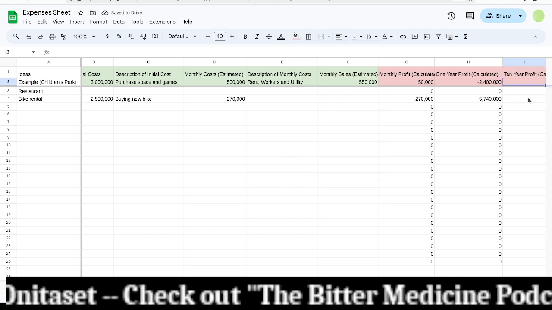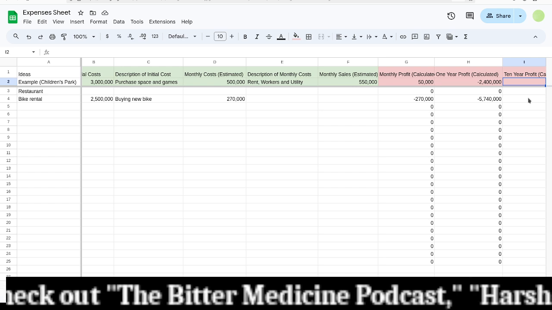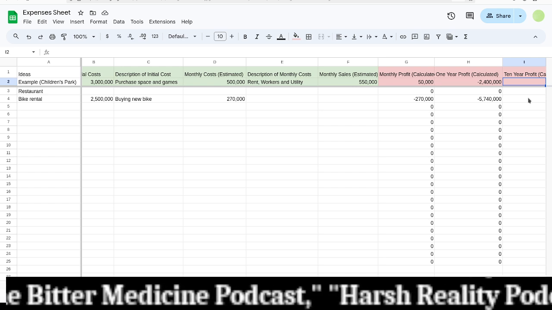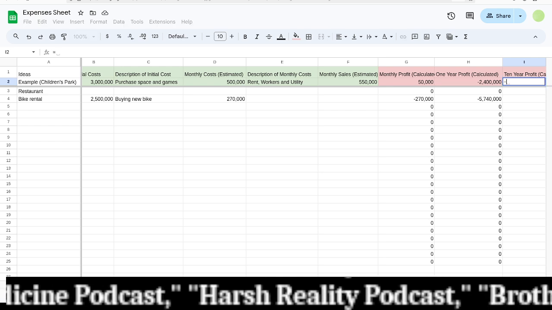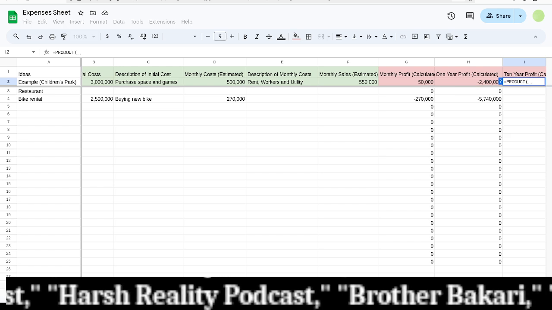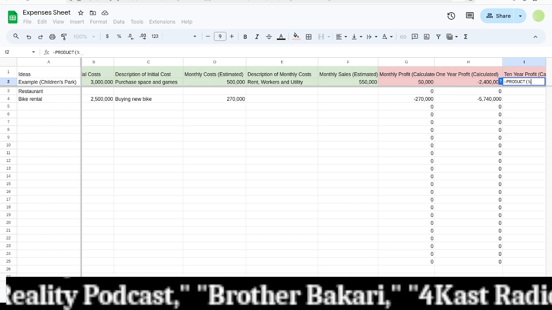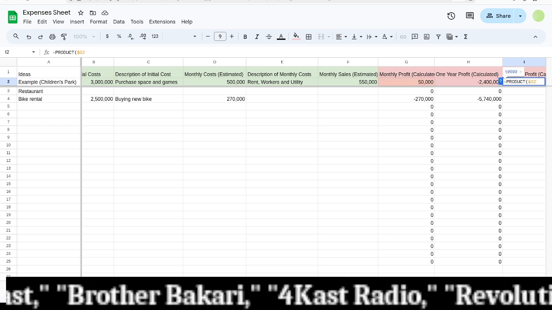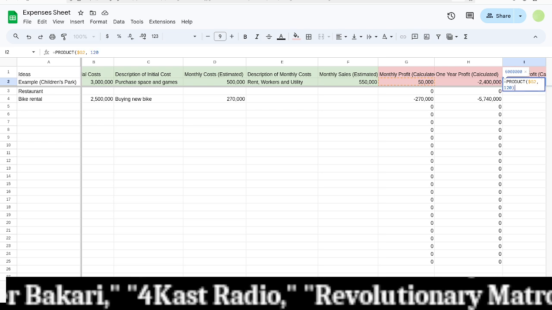And then you'll say, what is the 10-year profit? Well, the 10-year profit is how much money you make in 10 years minus the initial cost, right? So you have to put down the equal sign. So the amount of money you make in 10 years is the product of the monthly expense, which is G2, the product of G2 and 120.